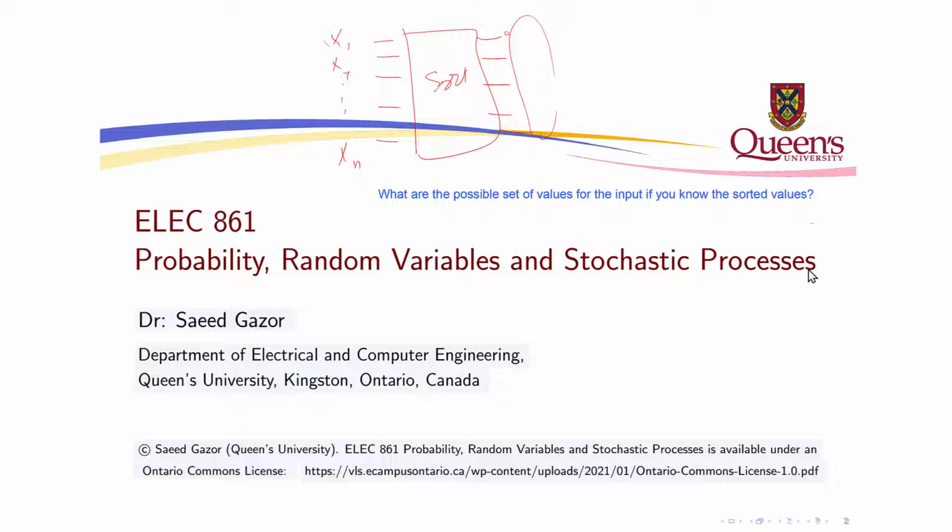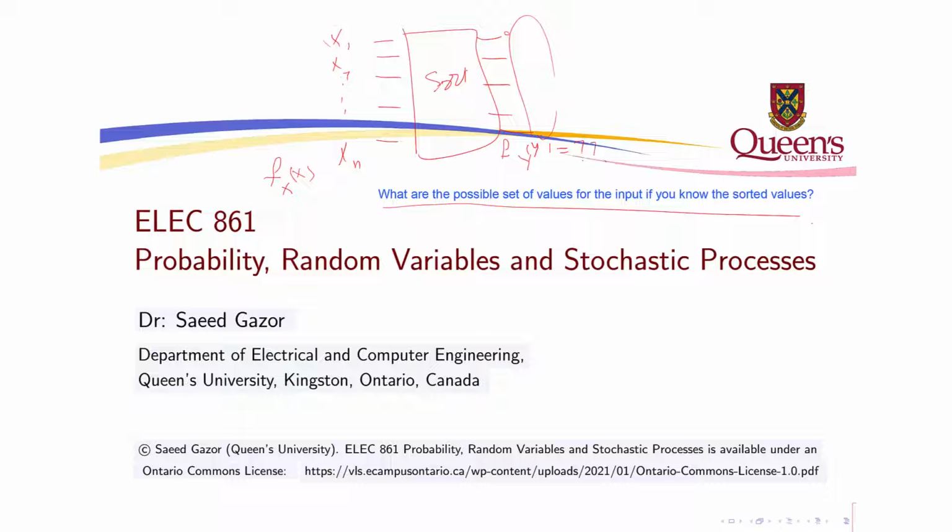Answering this question is the main trick to solve this one. Here we assume that we know the joint density of the input of this sorting machine, and let's say y is the output, and we want to find the joint density of the sorted values.